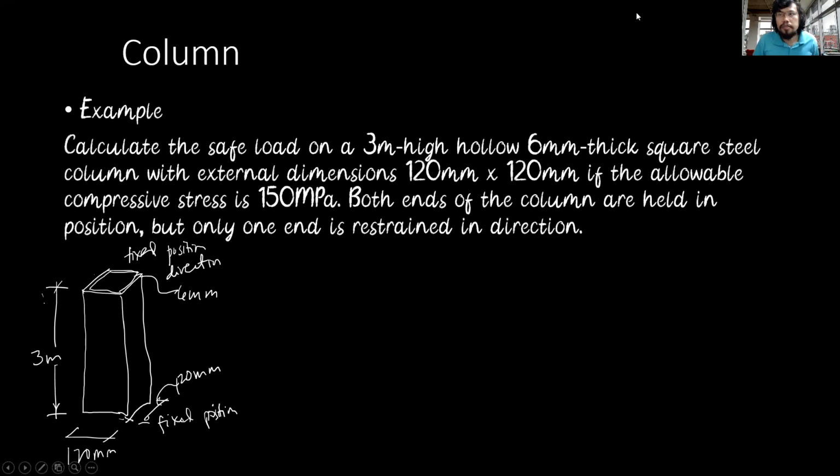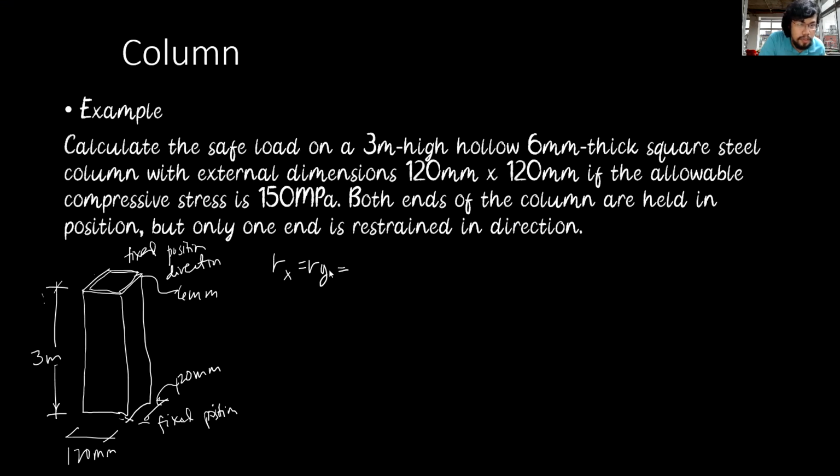To solve for this one, we have here Rx and Ry, the radius of gyration, as the same along each dimension, since we have similar dimensions.